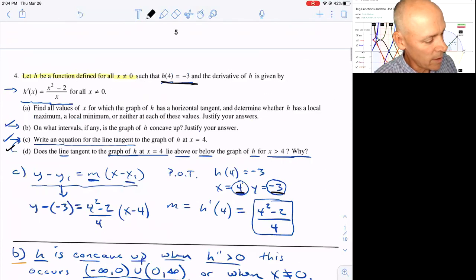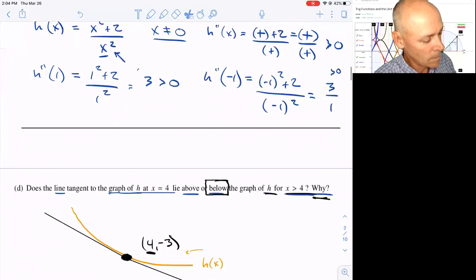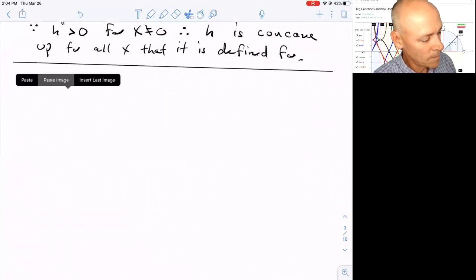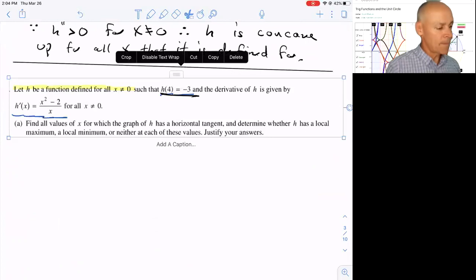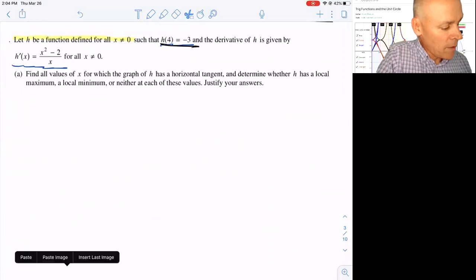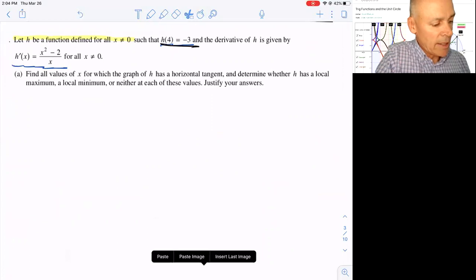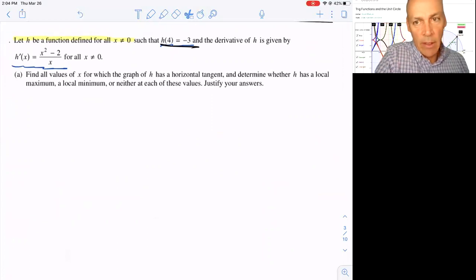Bring that down here, and I'm going to take this all with it in case we need to refer back to it. So I want to find, first off, all values of x for which the graph of h has a horizontal tangent, and then for each one of those, determine whether h has a local max or local min, or neither. Then I want to justify that.